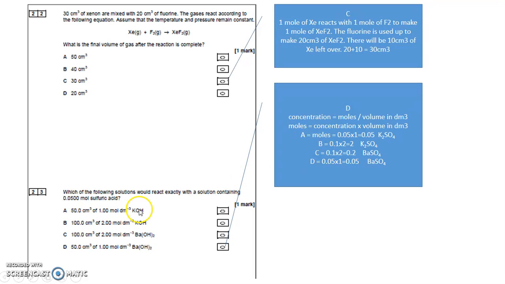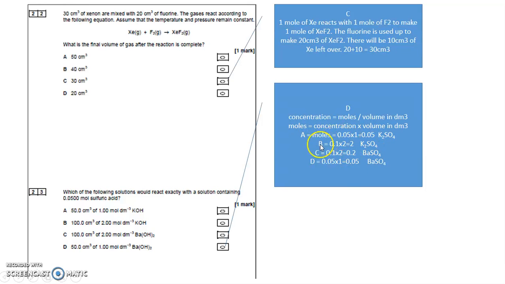So the number of moles of A is 0.05, number of moles of B is 2, number of moles of C is 0.2, and number of moles of D is 0.05. So if it's reacting 1 to 1, 1 mole of this reacting with 1 mole of this, then I'm looking for 0.05. 0.05 of barium sulfate, so this could be a possibility, or A is 0.05.